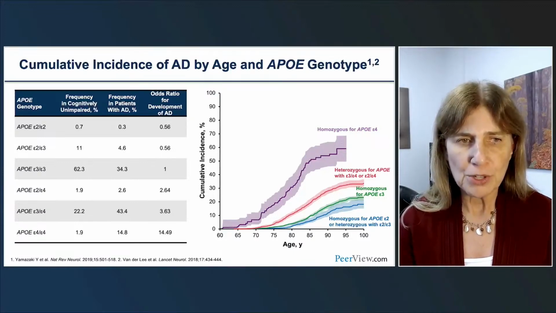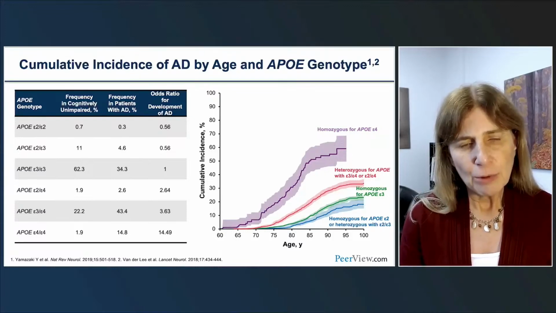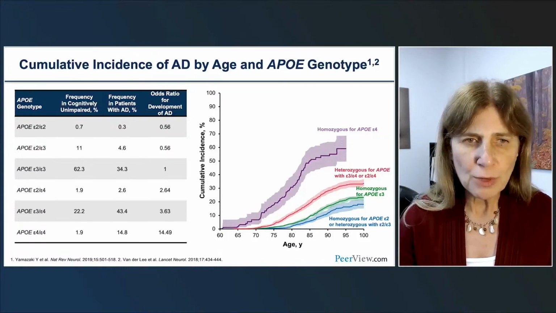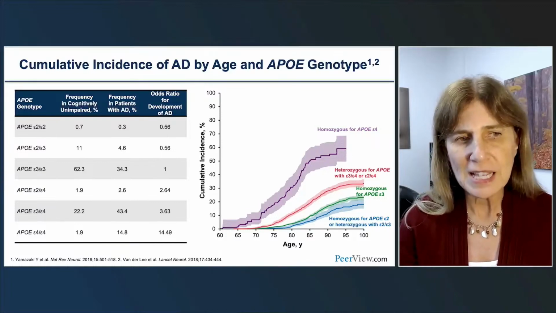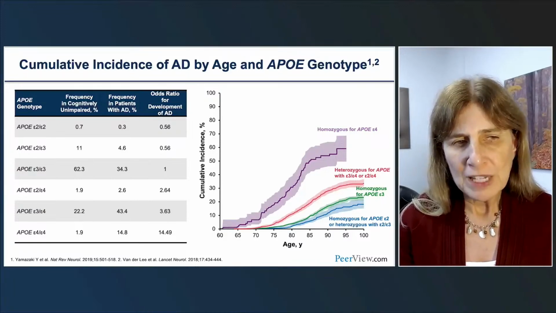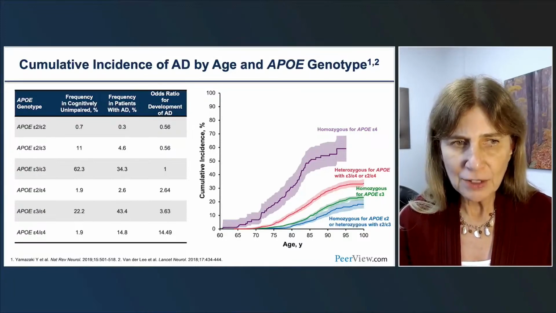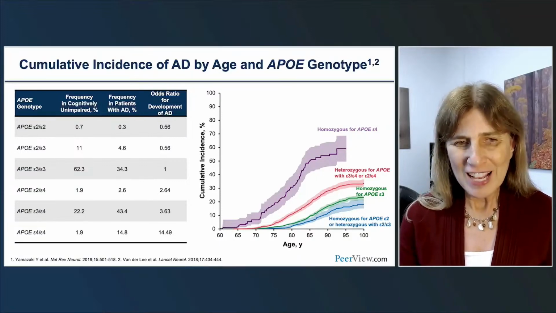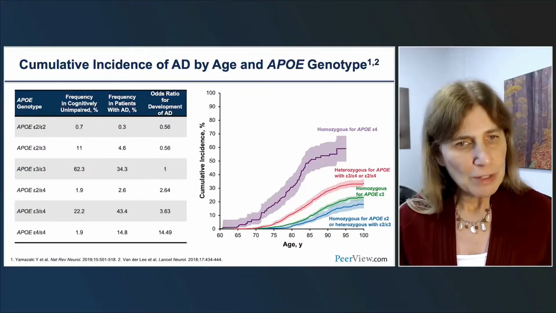And you see on the table on the left, the relative risk or the odds ratio for developing Alzheimer's disease based on your ApoE genotype, with ApoE2 being somewhat protective, ApoE3 being neutral as far as development of Alzheimer's disease.